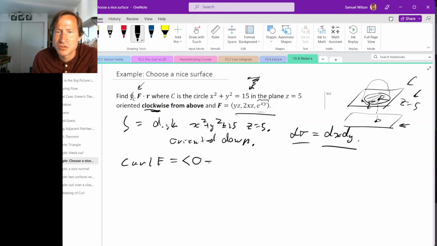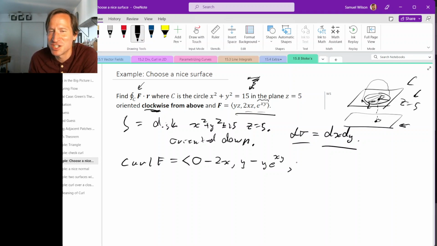Minus the derivative of n with respect to z, which is going to be 2x, and then the derivative of m with respect to z, which is y, minus the derivative of p with respect to x, which is y e to the xy. Okay, that's unfortunate.